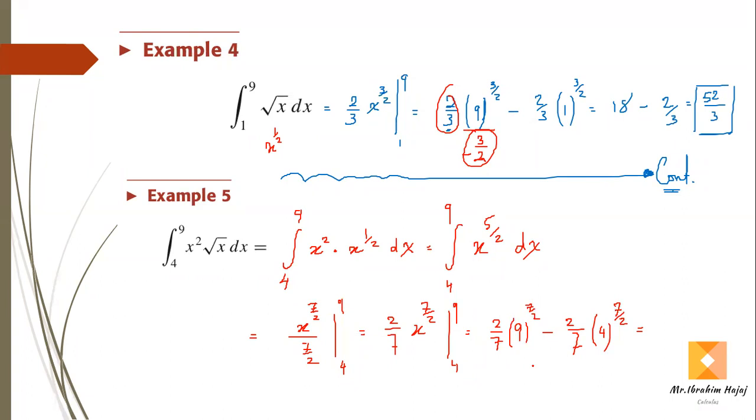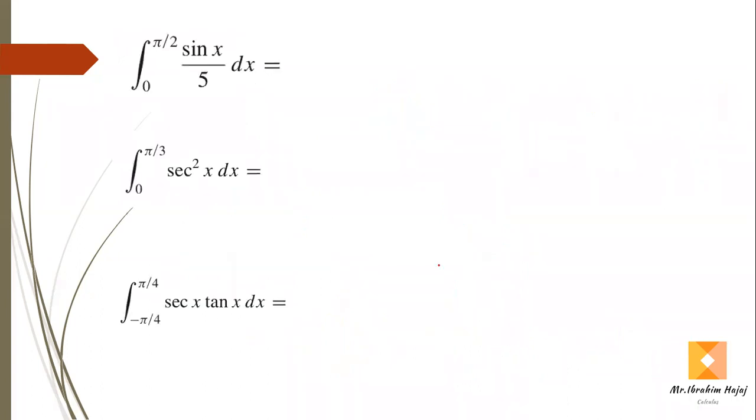It should be 4,118 over 7. Okay, I'll leave it. No problem. Next question.